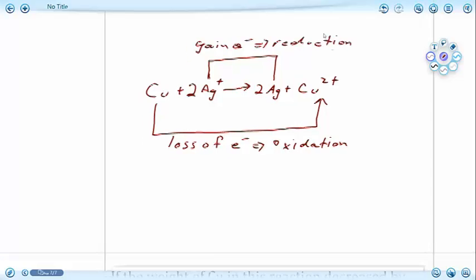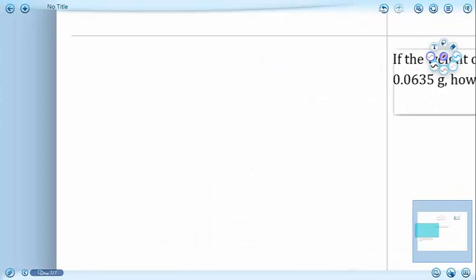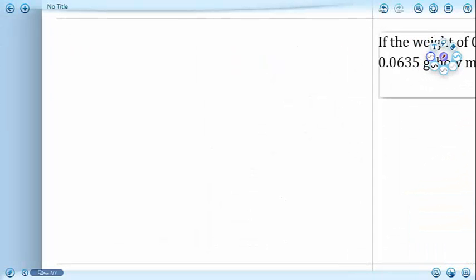So if we were to just summarize this to highlight some of the terminology that is used in electrochemistry, in this case here, our copper, which we said was oxidized, we said that our silver ions, notice how we are only looking at the reactants.